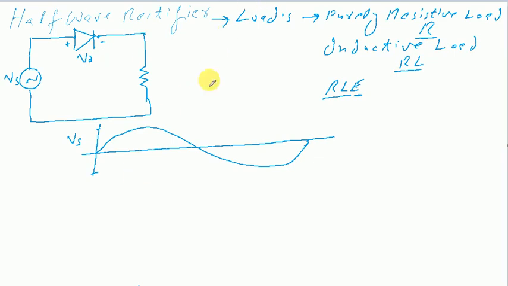What will happen is that as soon as this source voltage goes above 0 and gets sufficiently higher than the forward voltage drop across the diode, it will immediately start conducting and we'll have some voltage available across this resistive load. This will be the direction of the current flow through this circuit.